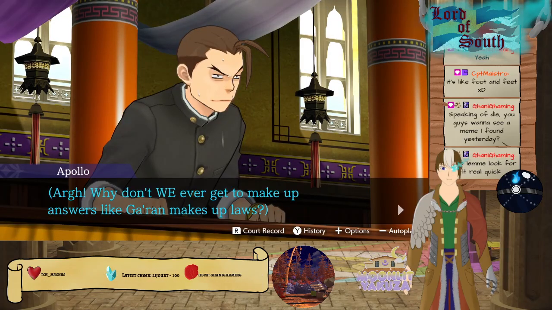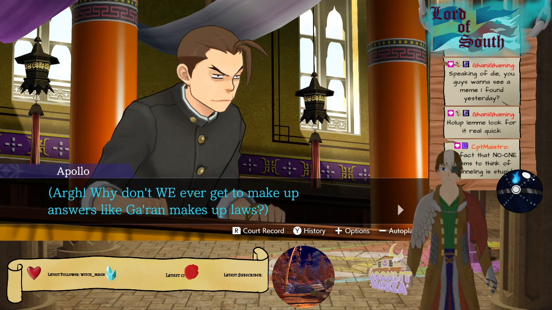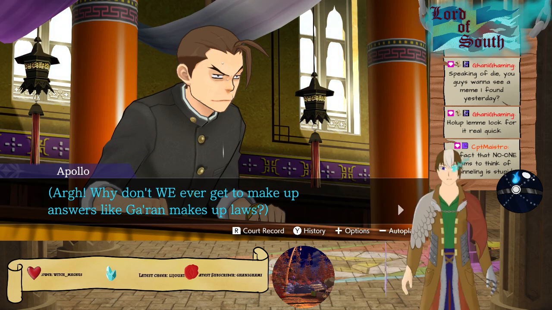Why don't we ever get to make up answers like Iran makes up laws? The fact that no one seemed to think of channeling is stupid. I think they can think of it. The problem is that, unlike Maya and Pearls, it is not a sort of power that can just be used by a specific person as a helping tool. Here it is something holy. So they don't think about it because most people wouldn't want to use it religiously. Absolutely. I'm not gonna say that they're smart.